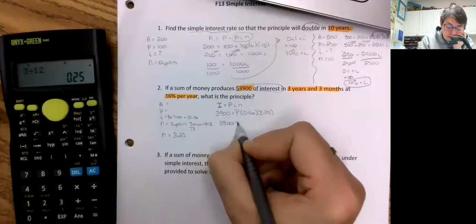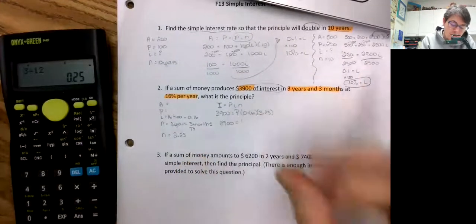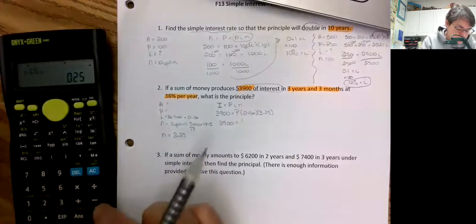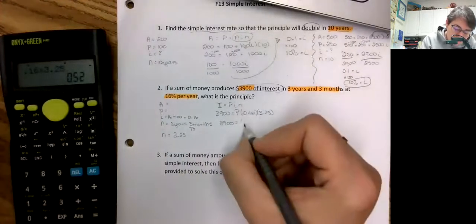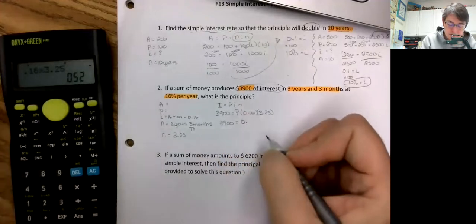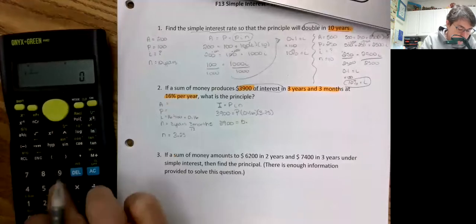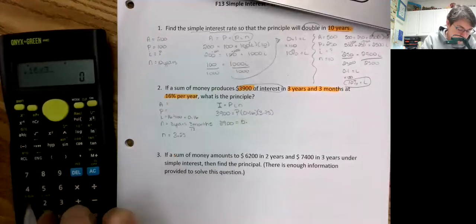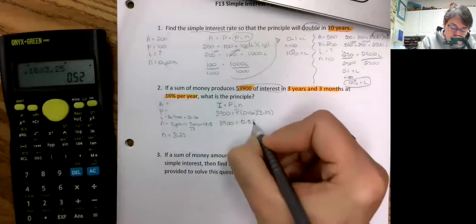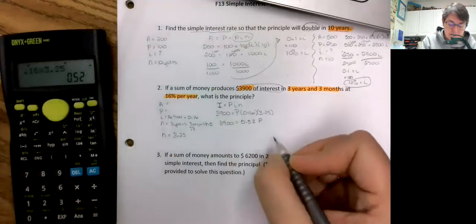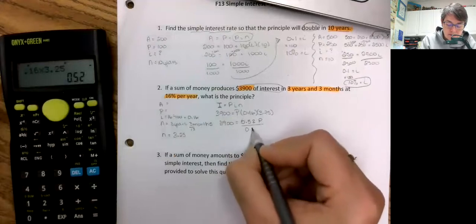3,900 is equal to the principal. Let's do the multiplication. 0.16 times 3.25 is 0.52, times P. So we are going to divide this side by 0.52.